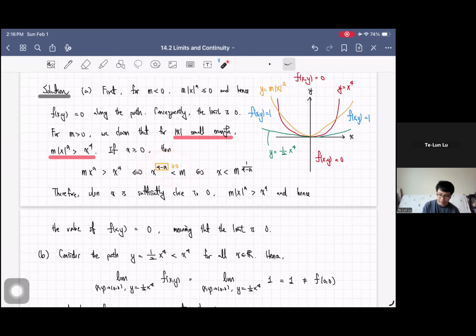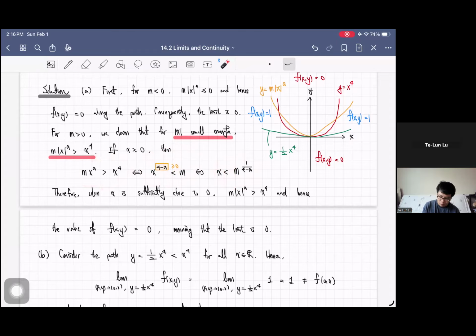And since 4 minus a is larger than or equal to 0, you can take the power of 1 over 4 minus a without switching the inequality. So you get x less than m to the 1 over 4 minus a, which is not really an important number. It just means that when x is small enough, you always have this inequality.